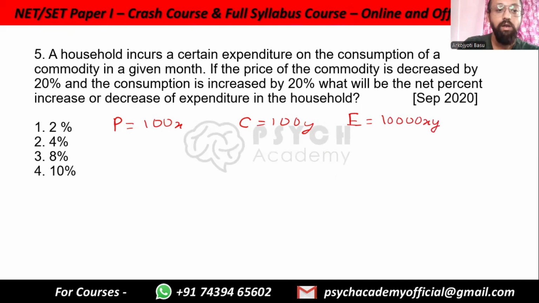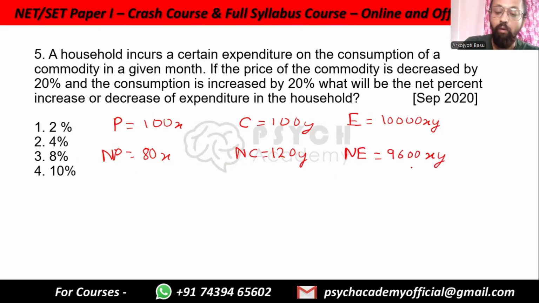xy. Now price is decreased by 20%, so new price is equal to 80x. Consumption is increased by 20%, so new consumption is equal to 120y. So what is the new expenditure? 120 into 80, that is 9600xy.